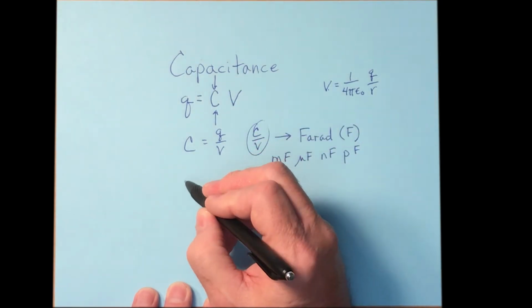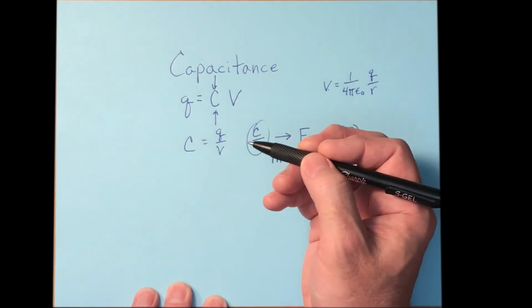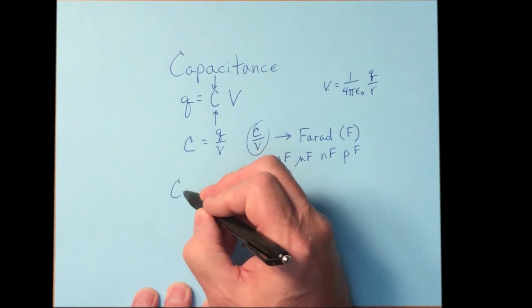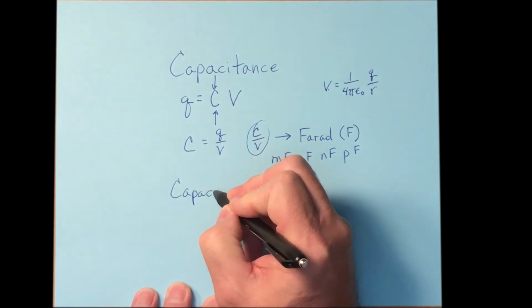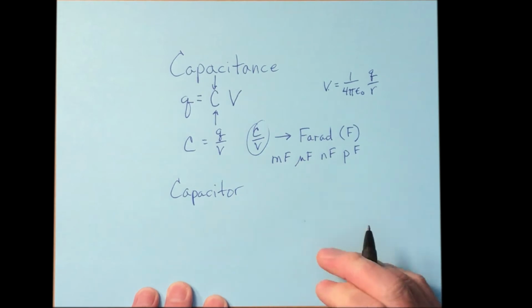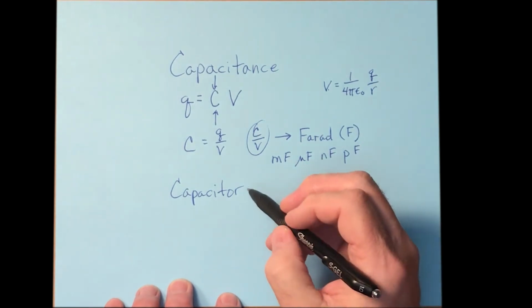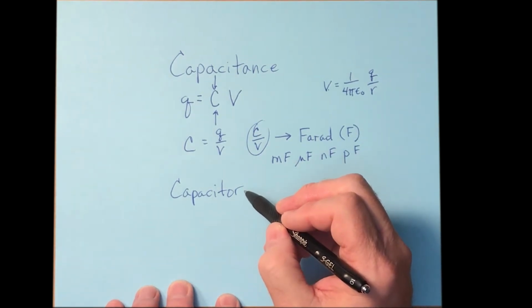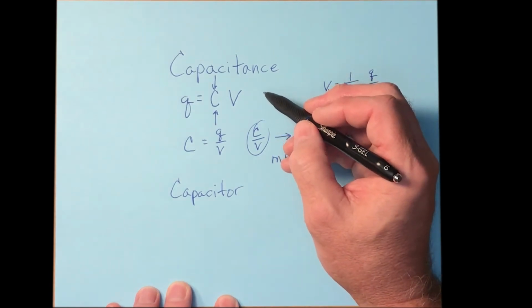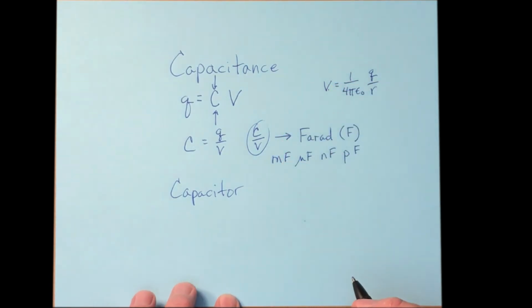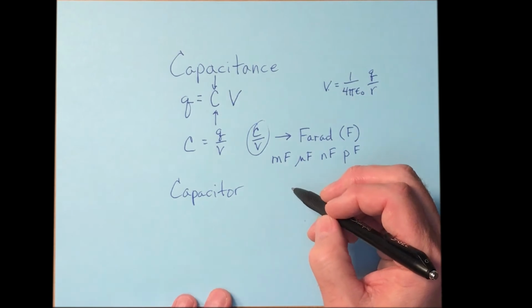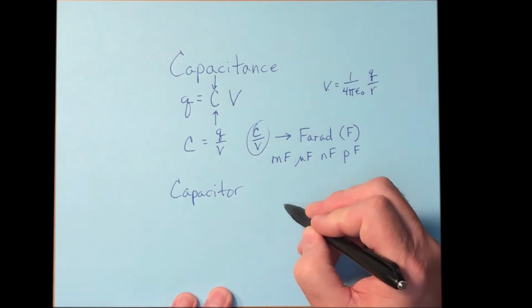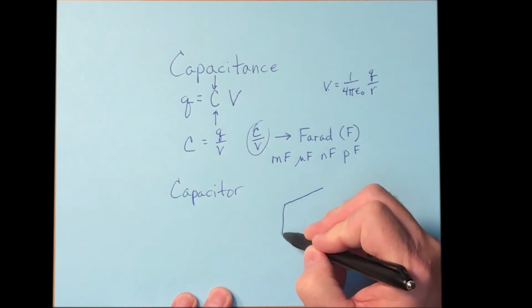A device that possesses the characteristic capacitance is called a capacitor. So a capacitor is an electronic device whose main characteristic is its capacitance. Now, let's say that we have an example here of 2 parallel plates. You've had a foreshadowing of this already.